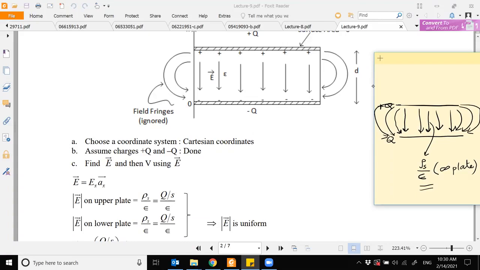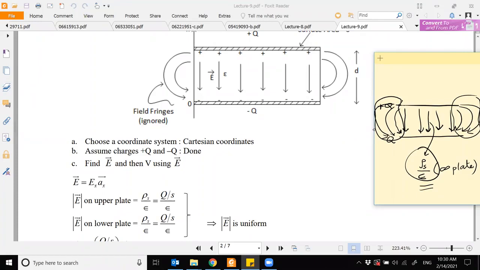You will see something like this. These are called field fringes, and they will appear when we go towards the edges. At that place, this expression is no longer valid. Maybe when you are at the center of the plate the expression is valid, because you don't see the corners.